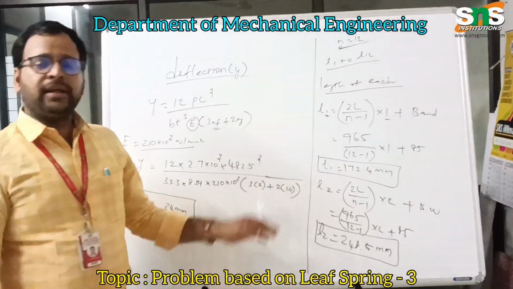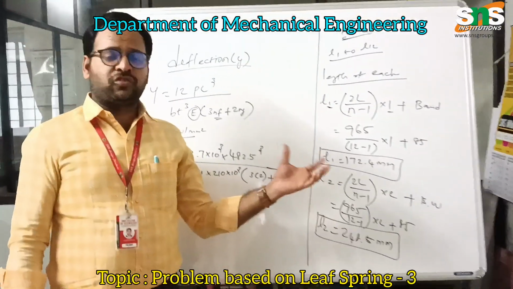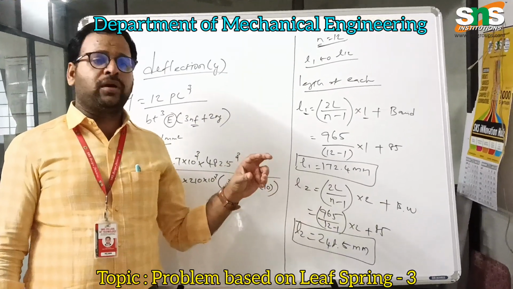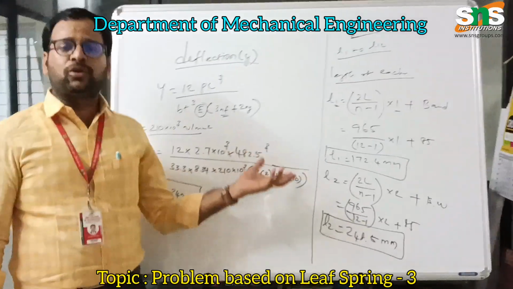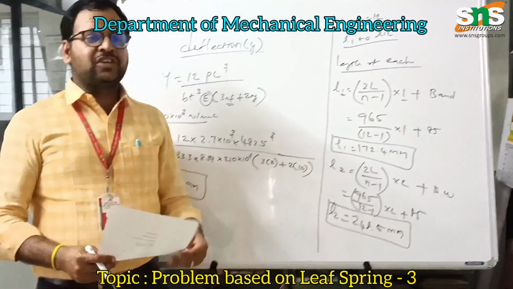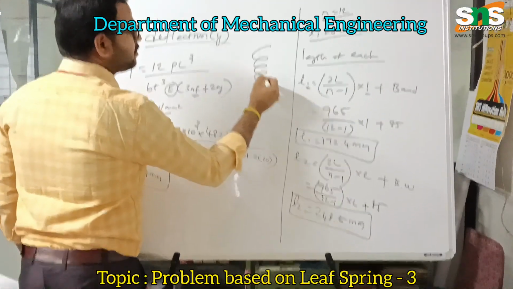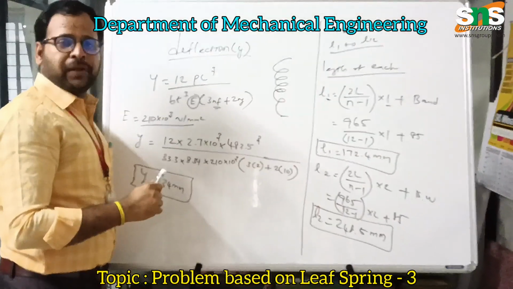Any doubts regarding this? In the second half you can concentrate mostly on the leaf spring. Compared with a helical spring, the leaf spring is more difficult to design. So everybody should look into the leaf spring itself, because the helical spring is, I am imagining like this, called a helical spring. This is called the major diameter.